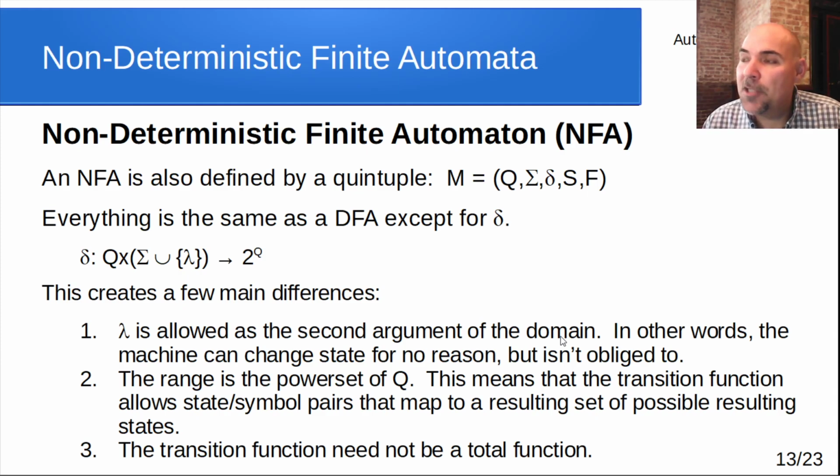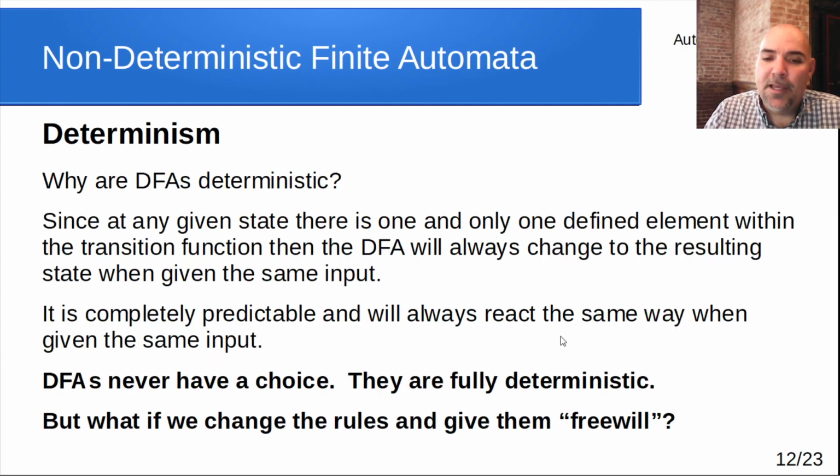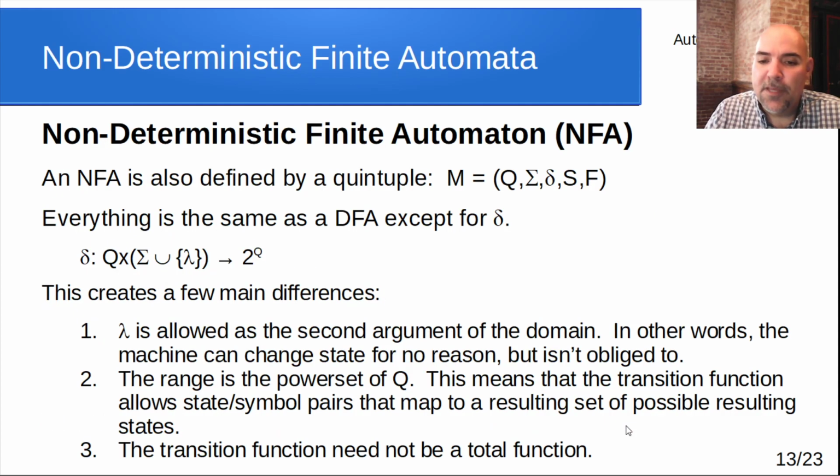Now, it's not obliged to change. It could or it could not, which is why I said back here we're going to give this thing free will. We're giving it the choice of: you can change state for no reason, or you can stay where you are. And since you could have one state that leads out to multiple other states and have lambdas on both of those, you could give it a choice of either you decide to do this or you decide to do that.